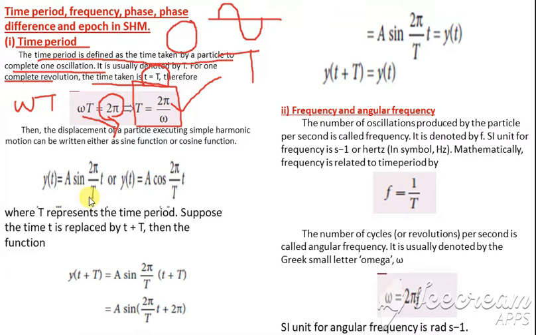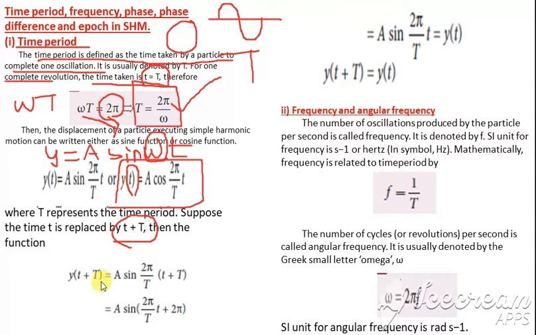Okay. Now, considering this with the equation which we know, y is equal to a sine omega t, substitute the value of omega here. Omega is equal to 2 pi divided by T. So instead of omega, we write 2 pi divided by T. This can also be written in terms of cos as a cos 2 pi divided by T into t. Now, instead of t, if we write t plus T, we get y of t plus T, which is equal to a sine 2 pi divided by T into (t plus T).